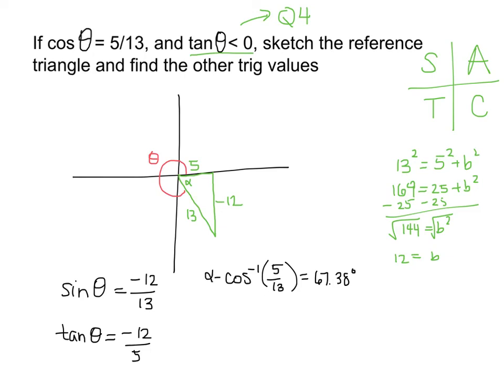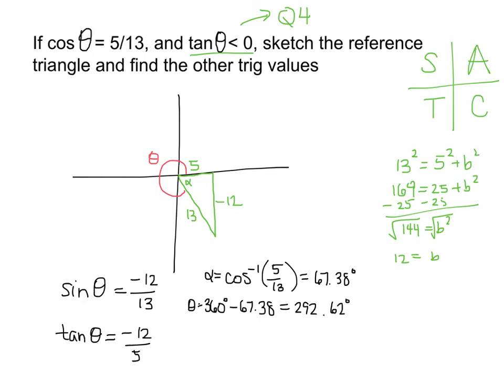That's alpha. So to then find theta, I have to subtract that from 360 degrees, which gives me 292.62 degrees.